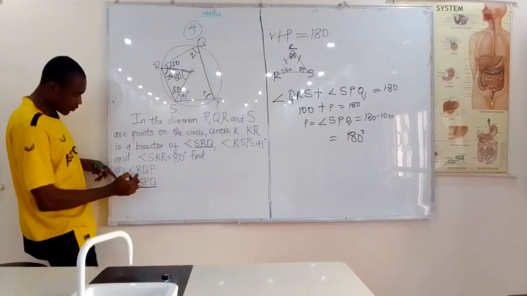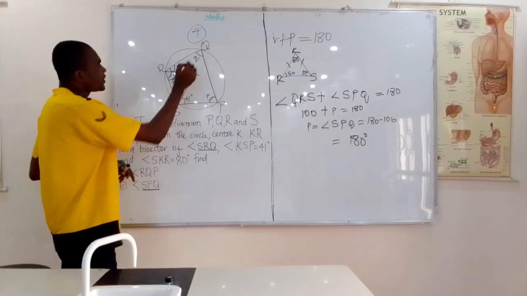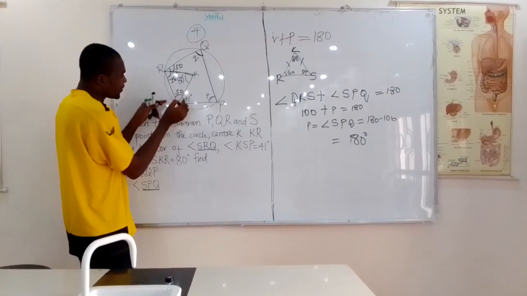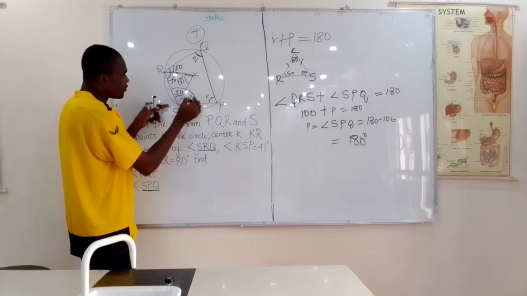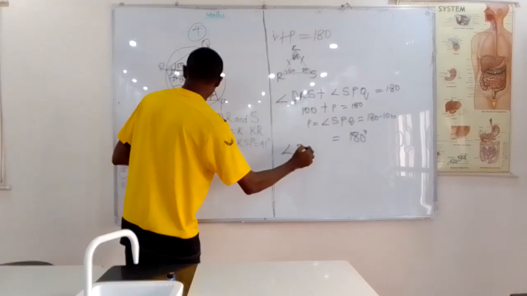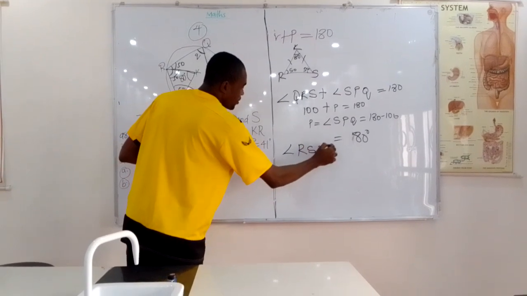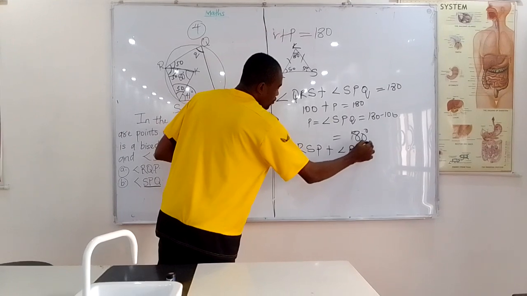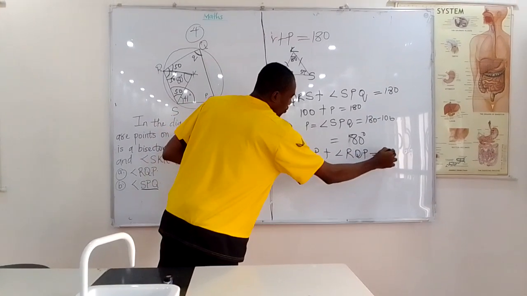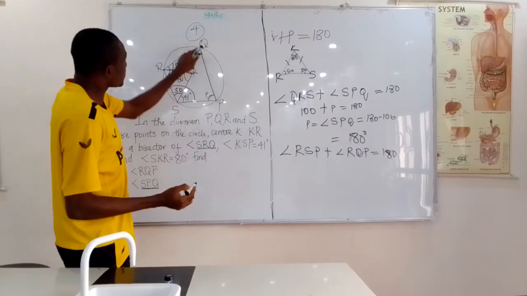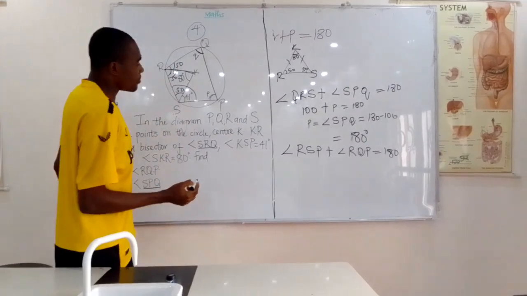Then the first question, RQP, is this angle here. If here is 50 and here is 41, the whole of this angle is 91. Then angle RSP plus angle RQP is equal to 180, based on our theorem on cyclic quadrilaterals, that opposite angles are supplementary.